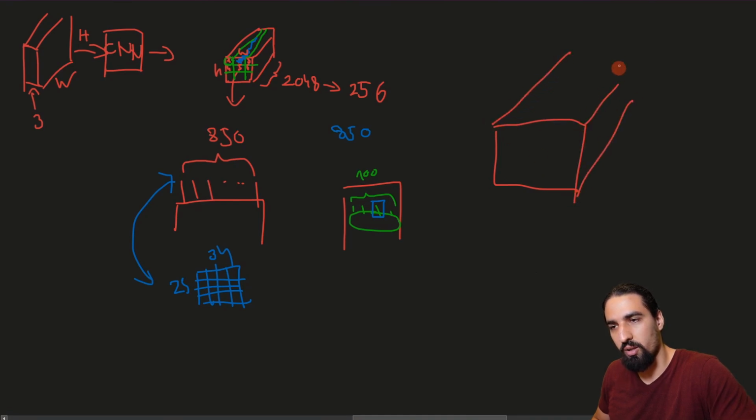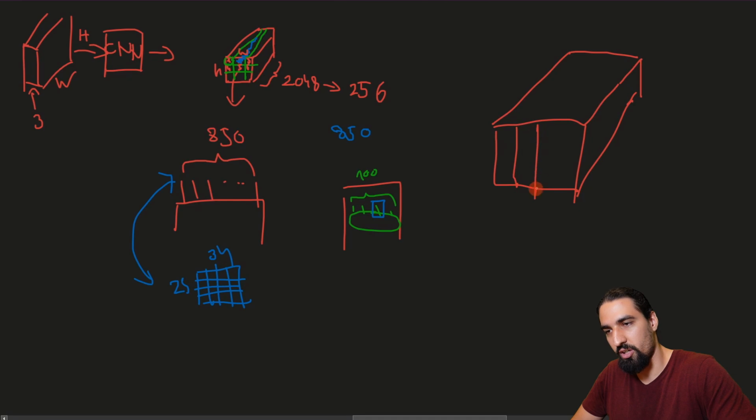These are our tokens, basically. This is the volume that came out from the CNN. So let me create a grid structure here to make it easier to visualize. We take a particular point, so this one here.